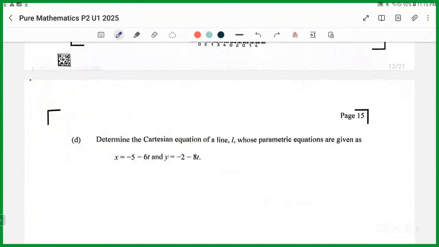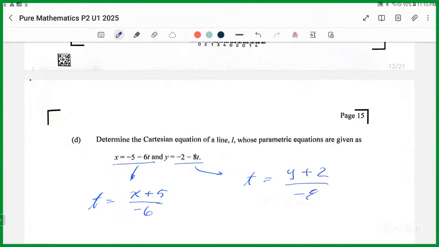So t is going to be x plus 5 over negative 6, and for this one, t would be y plus 2 over negative 8.